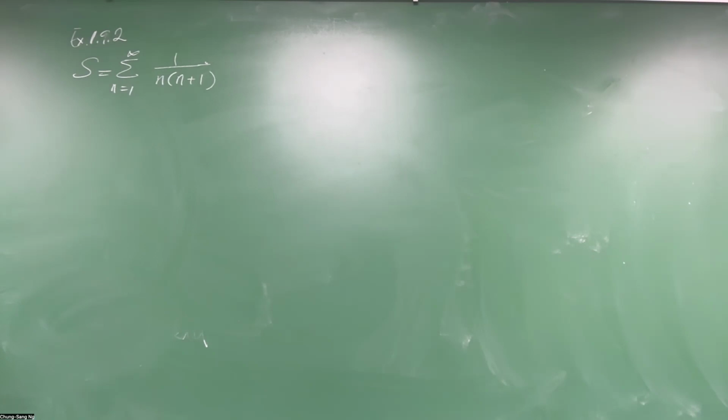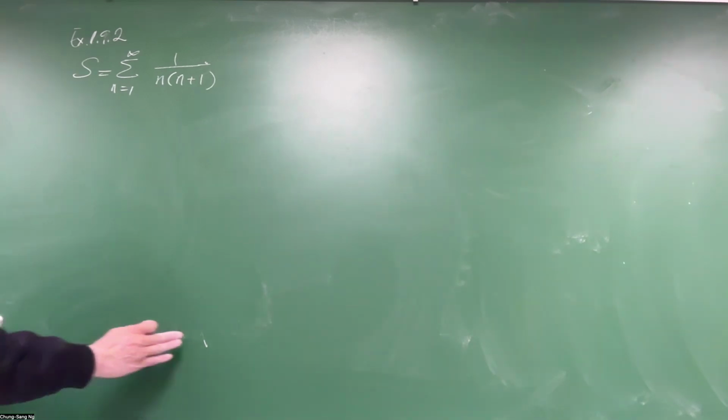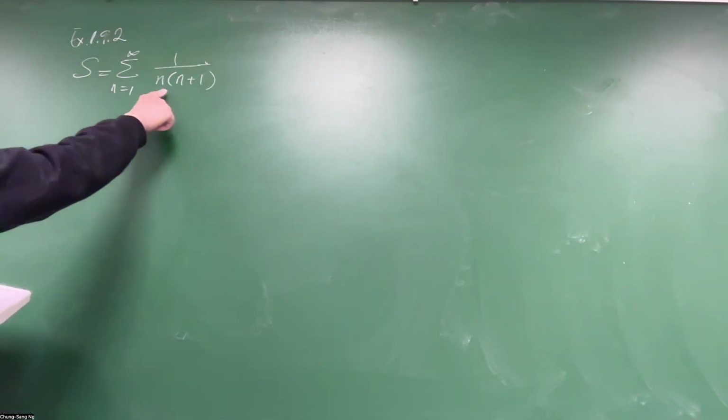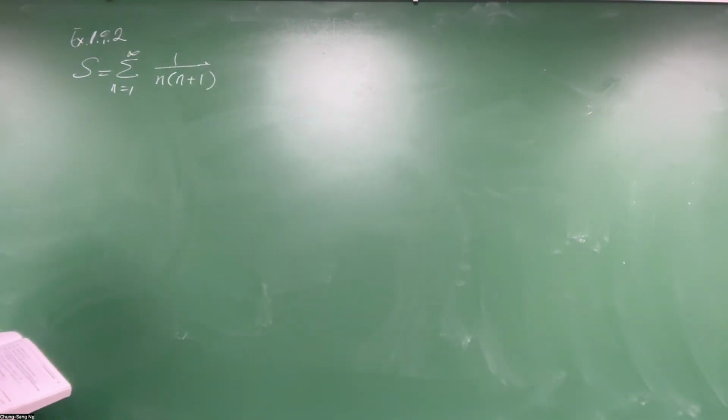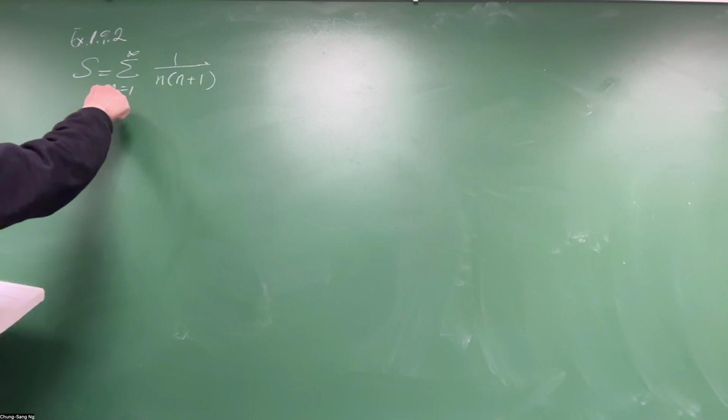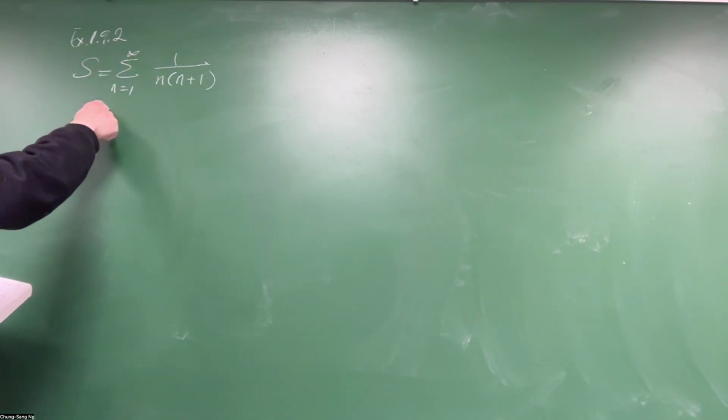Then what you need to do is change the variable to cover the negative n.